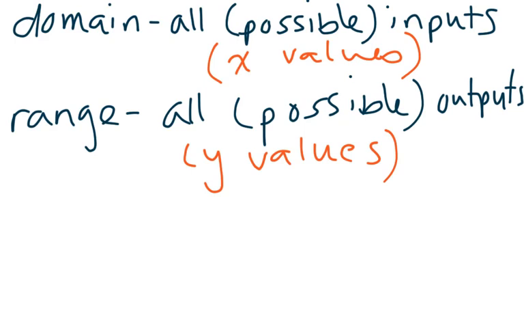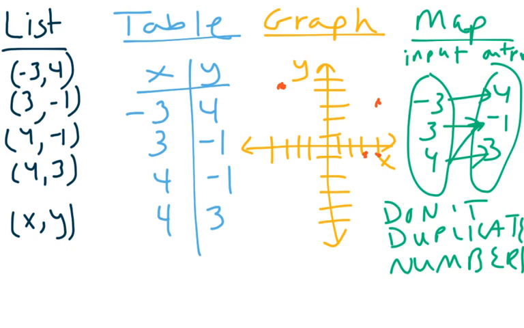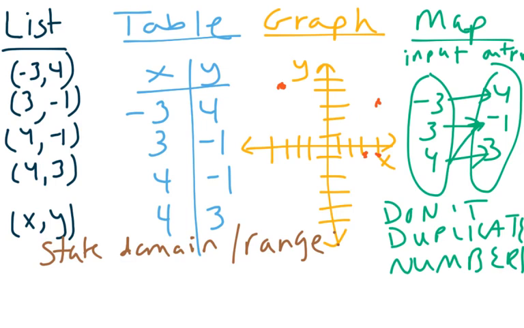So if we were asked to state the domain and range for the relation on this page. So let's go and I need a new color. We'll use brown. If you were asked to state the domain and range, here is what I would want you to do. So we're looking down, if you're following along, I'm in like the lower left-hand side there.